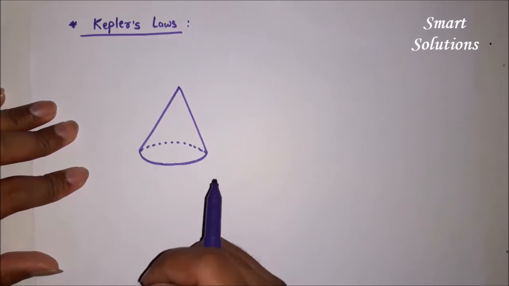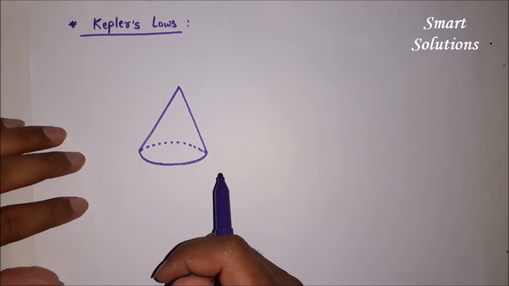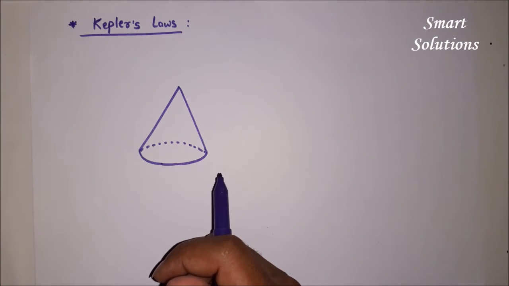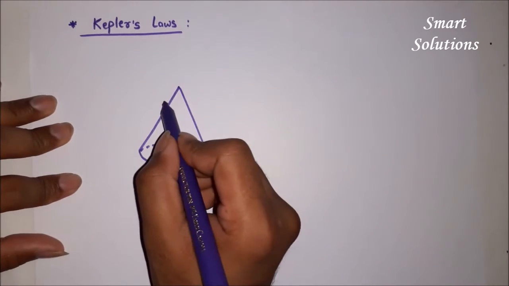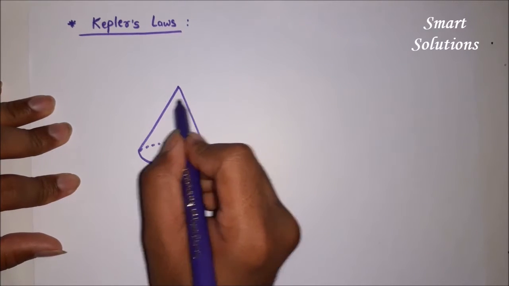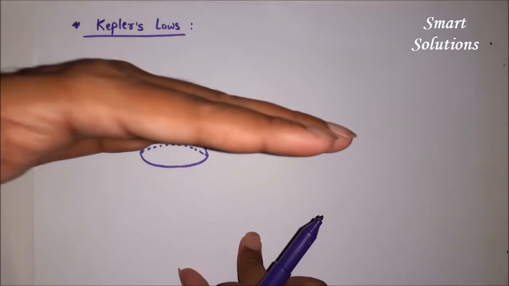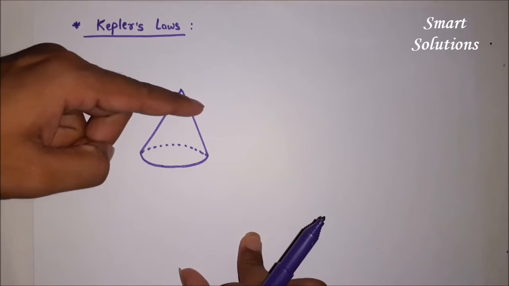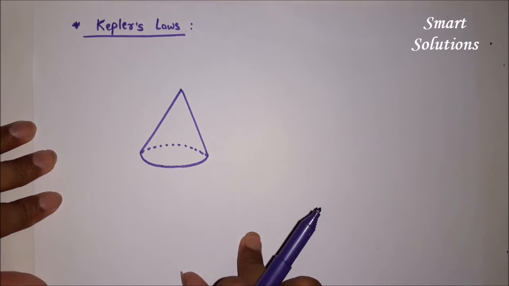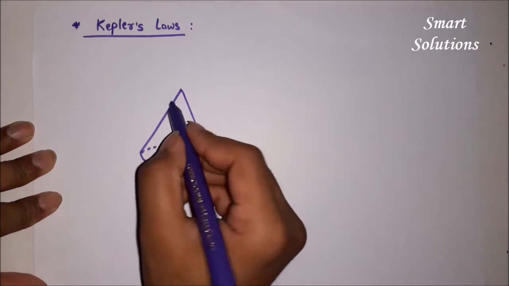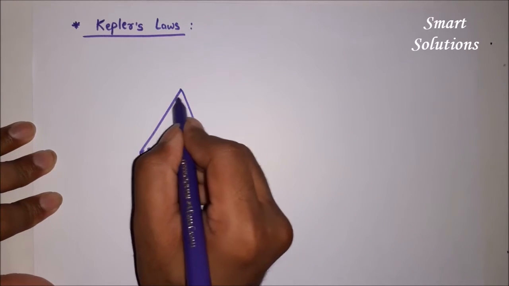Now let us look at this cone. We will try to cut this cone from this point over here. And now if we cut this cone, how is it going to look?